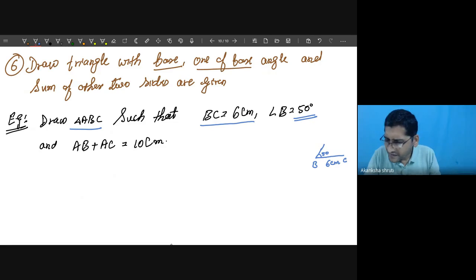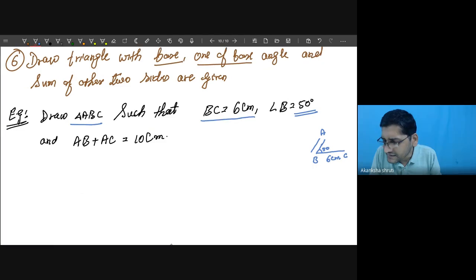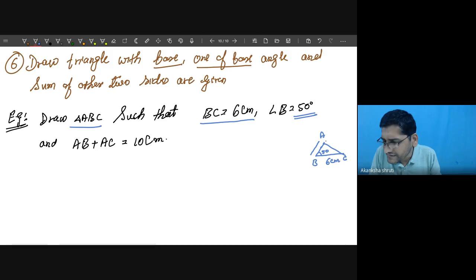and B to A will be somewhere. So this BA plus this AC, means these two other sides, their sum, BA plus AC.